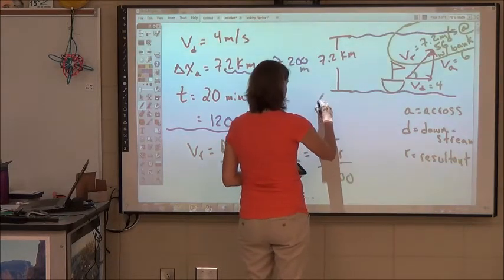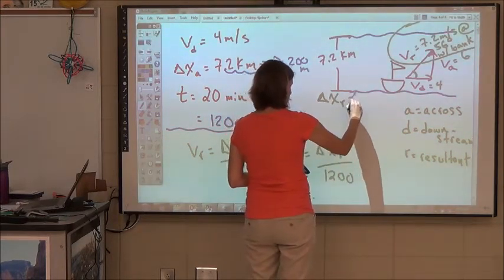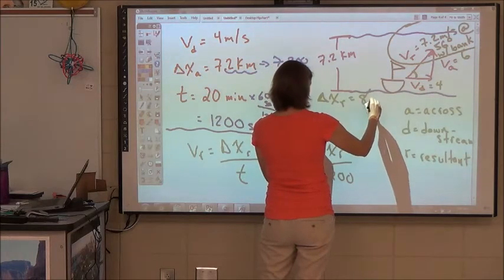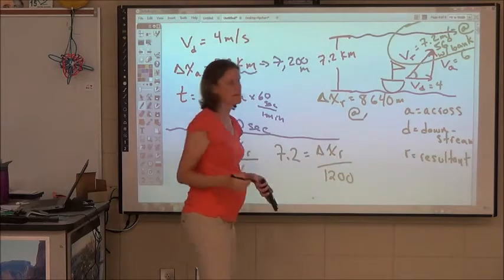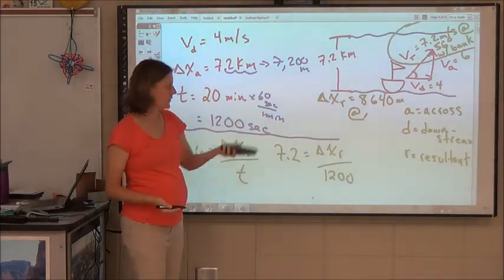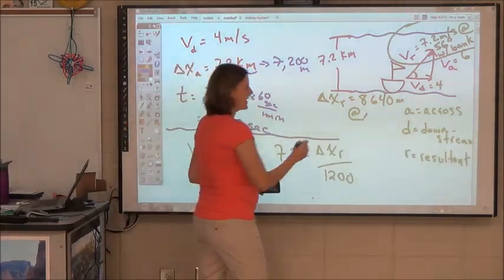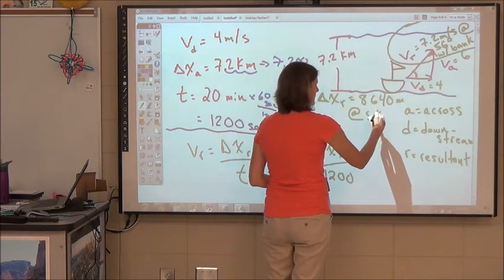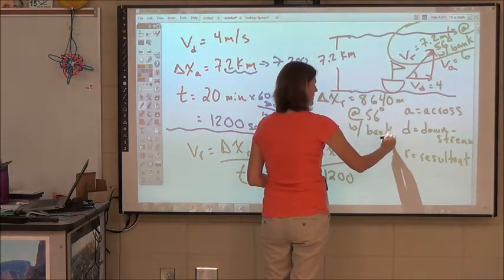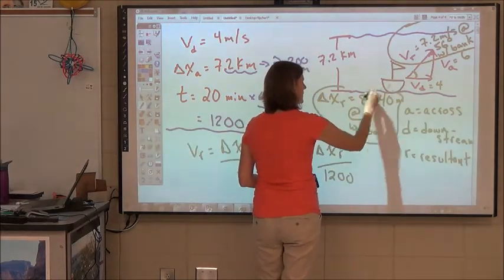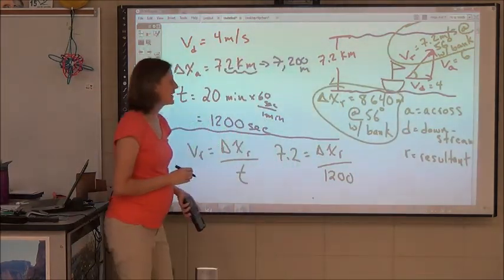I don't think we're right about that. And since it's a vector again, technically I should put that same angle on there at 56 degrees with the bank. All right, so there's another answer.